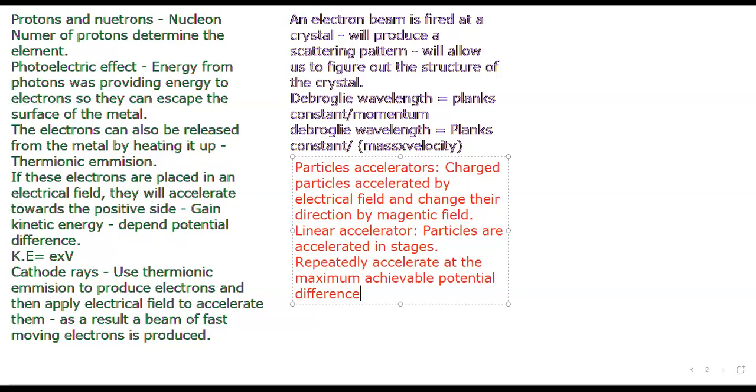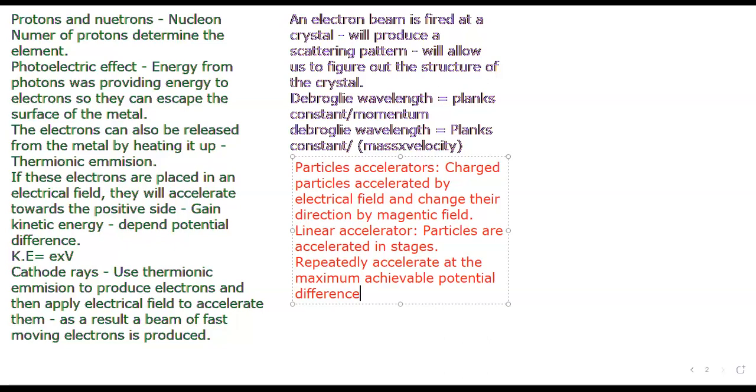If I give you an example, we have a linear accelerator in the USA. It's 3.2 kilometers long. It's in Stanford, USA.